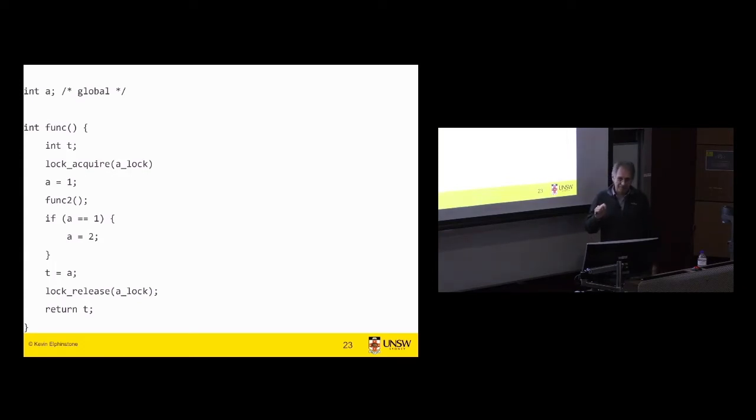Function 2 doesn't modify A. We're assuming that function 2 either attempts to synchronize, or any other activities in the system that attempt to access A also synchronize appropriately.